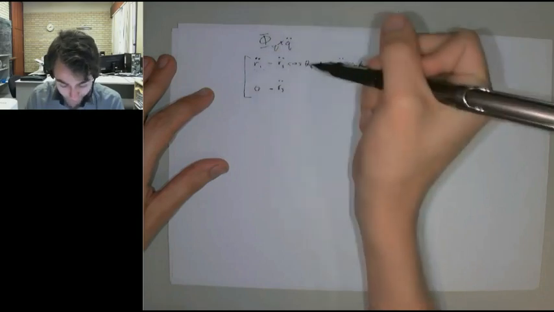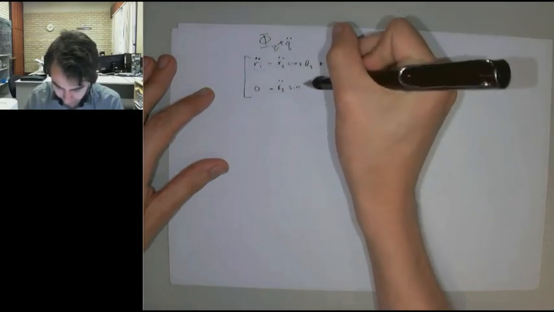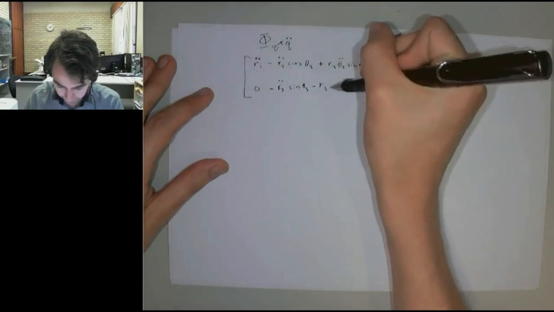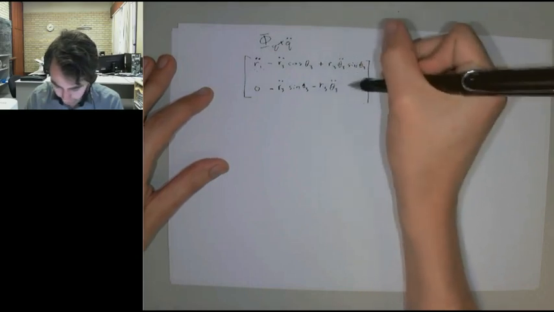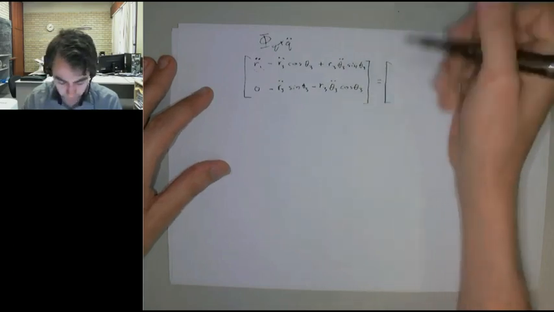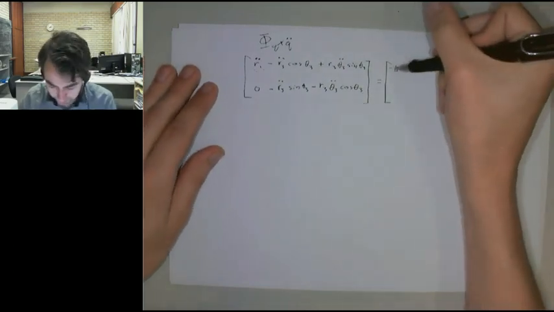factorable to 0. R3. And we'll set that one equal to our other matrix.